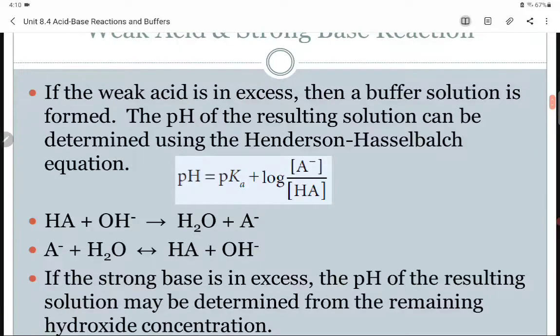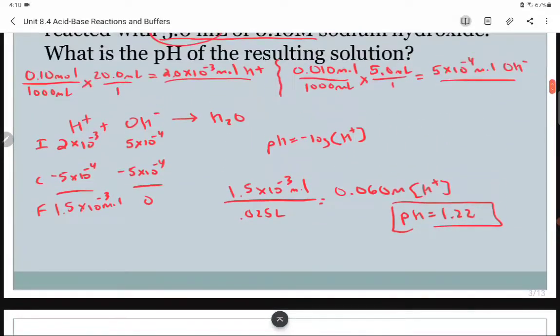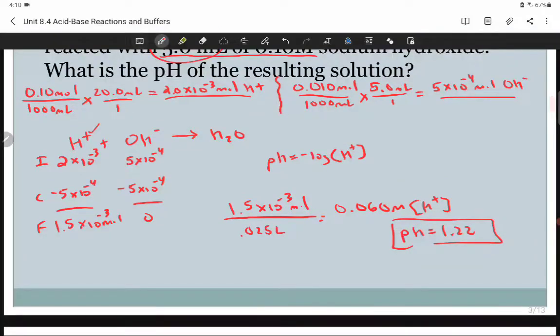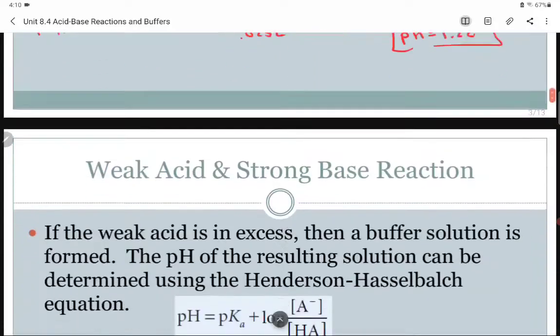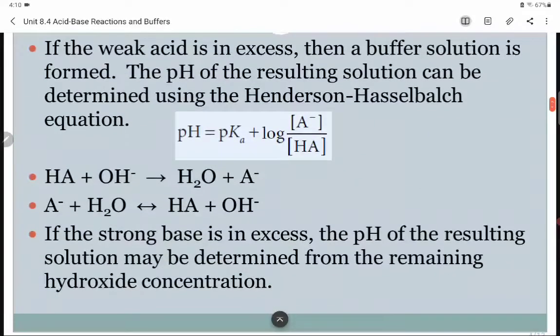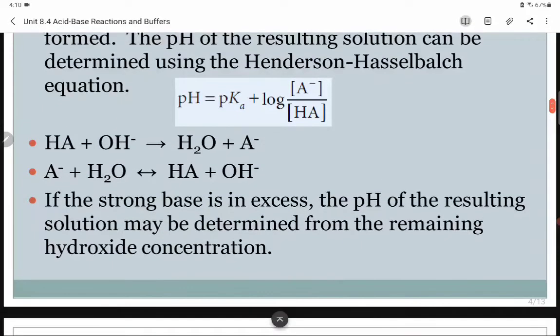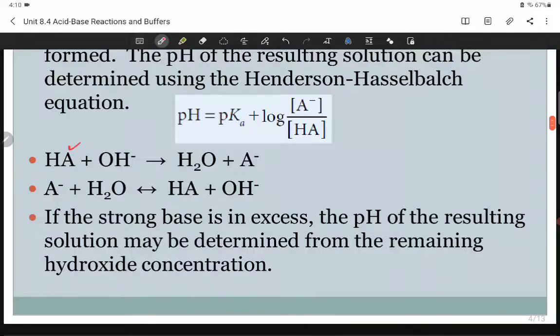If, when you do one of these questions, it's not a strong acid, strong base, and you make other products other than water, you might get a situation where when you're all done, like here's a weak acid, strong base, you would make A minus. So you would always make the products, and maybe you have HA left over.